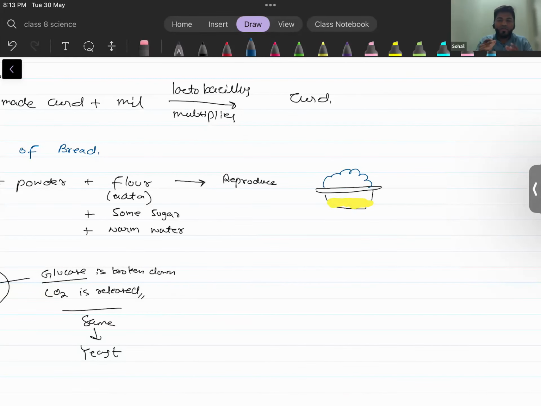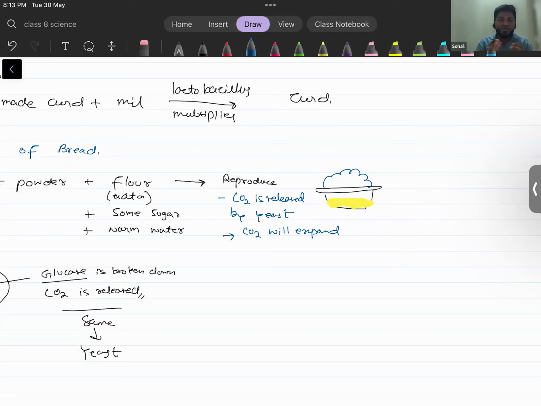So what happened? You know, air has a tendency to expand. This carbon dioxide, CO2, which is released by yeast, is going to expand. So due to the expansion, the dough will also expand, right?